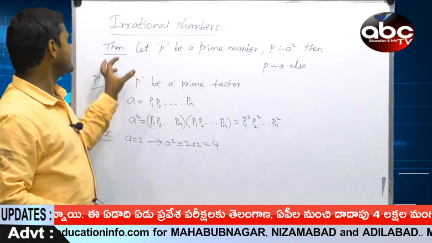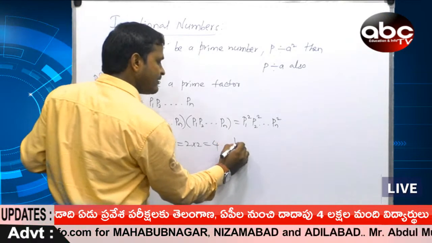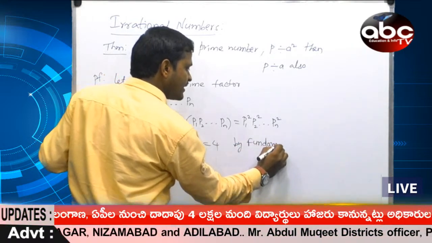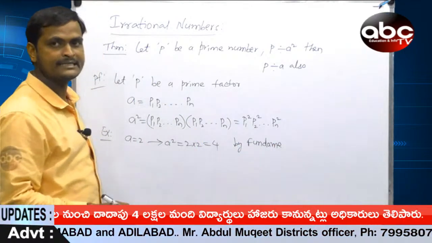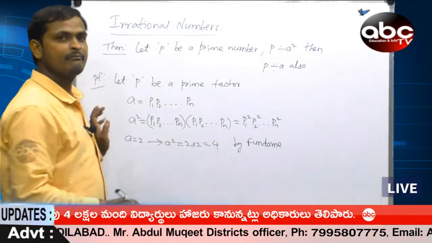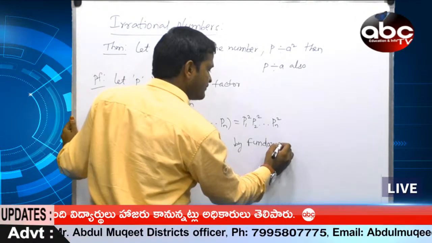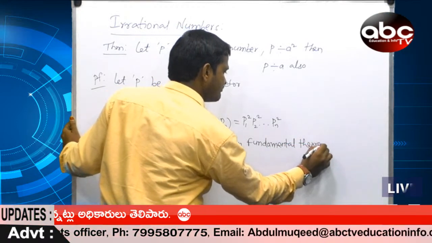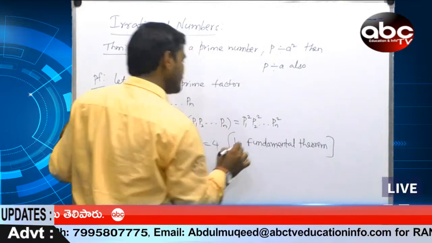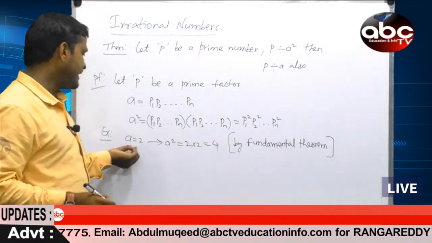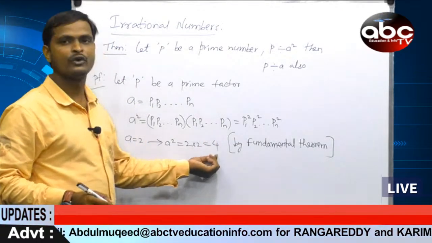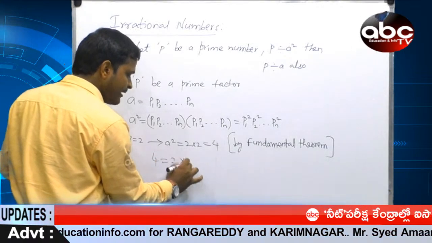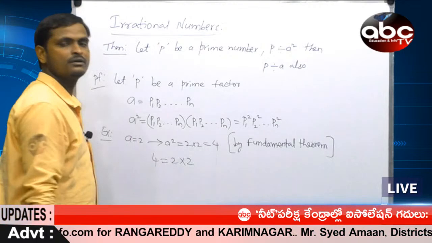How to prove this theorem? By using the fundamental theorem. Already you know, students, the fundamental theorem: every composite number can be expressed in terms of prime factors. By using this theorem, when a is equal to 2, a square is 4, and the number 4 has prime factors 2 into 2.